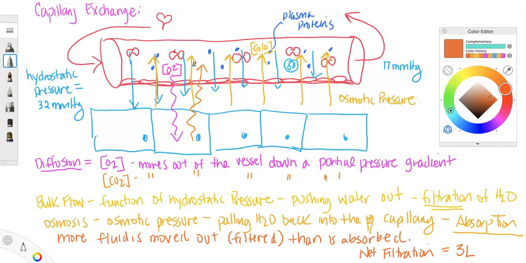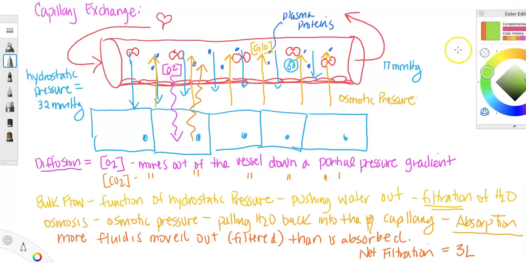So that 3 liters of fluid would just build up and build up in the interstitial space, and you would blow up like Violet Beauregard in Willy Wonka and the Chocolate Factory. But that doesn't happen, and there's a reason why that doesn't happen. And the reason why it doesn't happen is something called the lymphatic system.